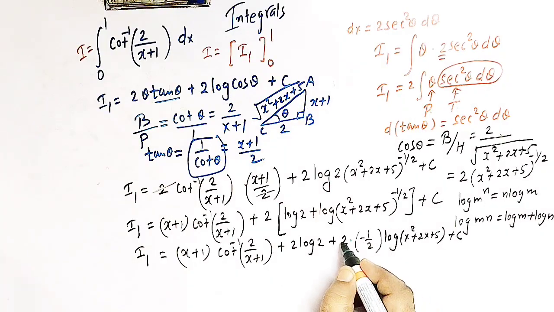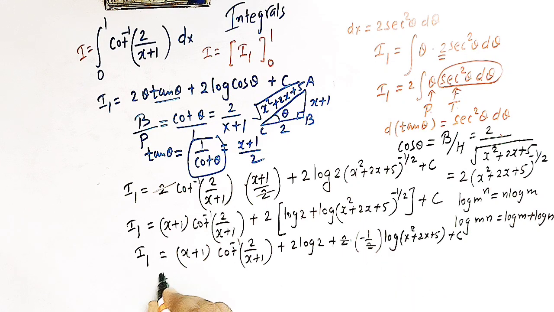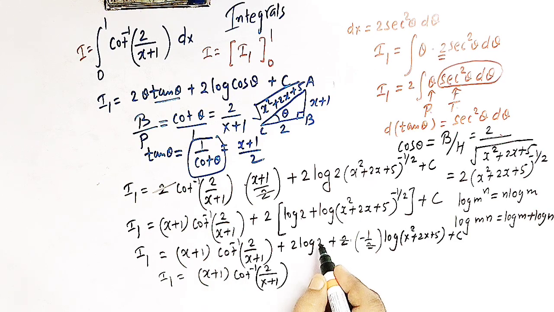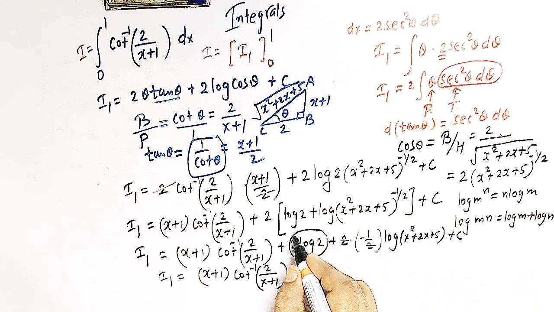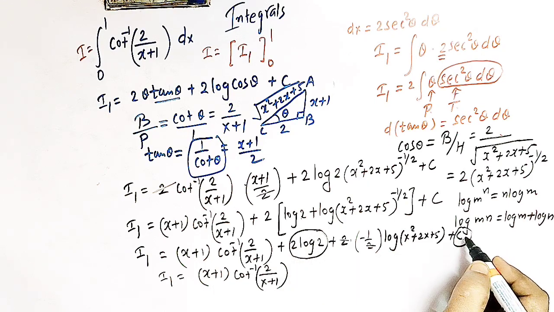So now we can cancel this 2 and this 2, and we have I1 is equal to x plus 1 cot inverse 2 over x plus 1. And now see here we have 2 log 2, which is a constant, and here we have c as the constant of integration.